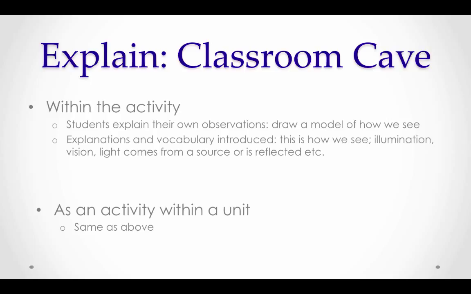At least we're going to introduce maybe the terms illumination, vision, and the idea and concept that light comes from a source and perhaps is reflected. So we've got reflection, we've got light source, we've got some new information that we're delivering at this point. And then as an activity, it's the same as an activity within a unit.